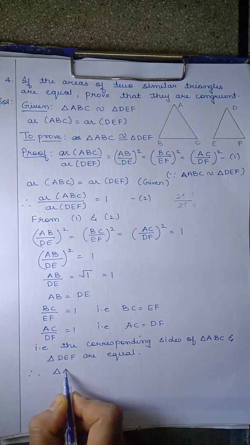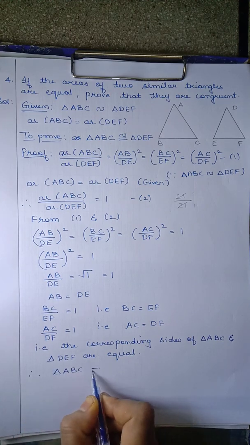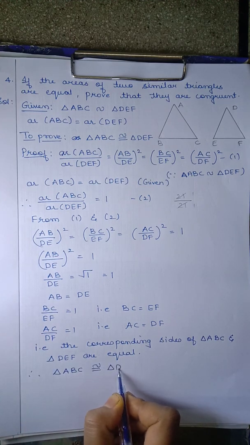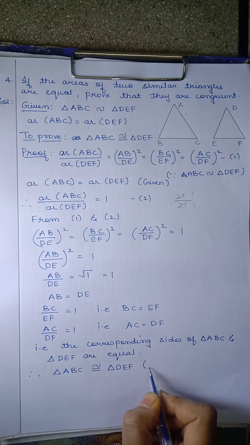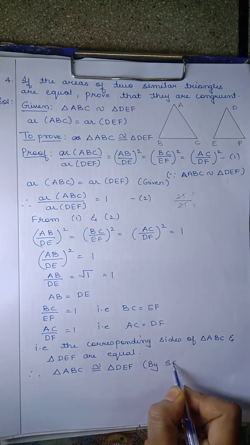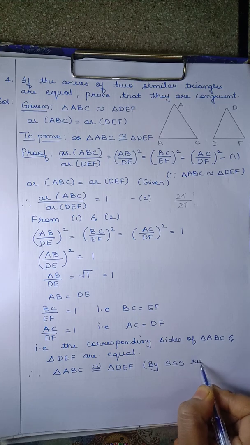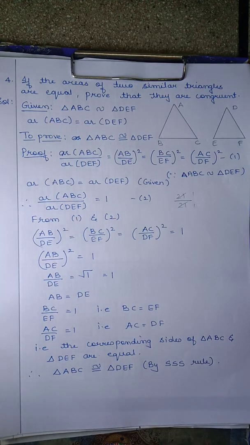Therefore, triangle ABC is congruent to triangle DEF by SSS rule. Okay, children, so in this way we prove that triangle ABC is congruent to triangle DEF.